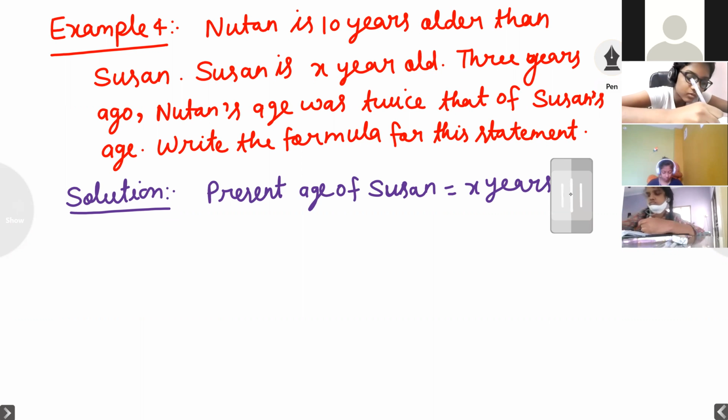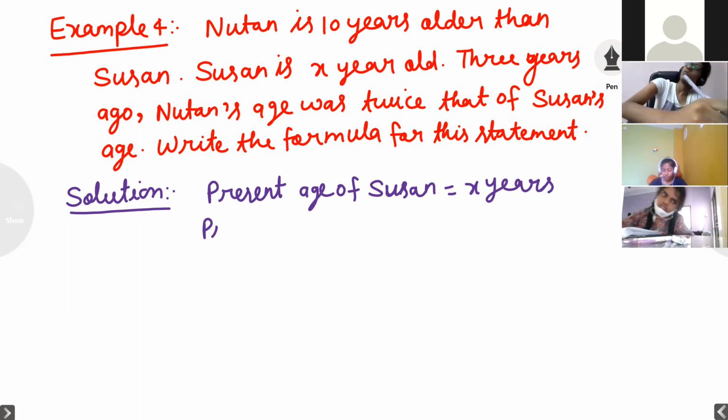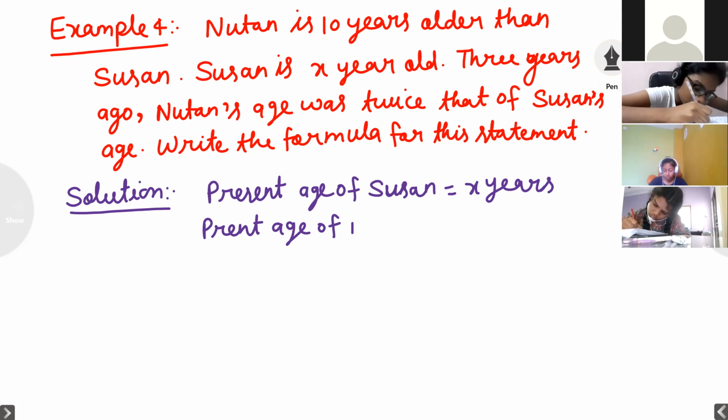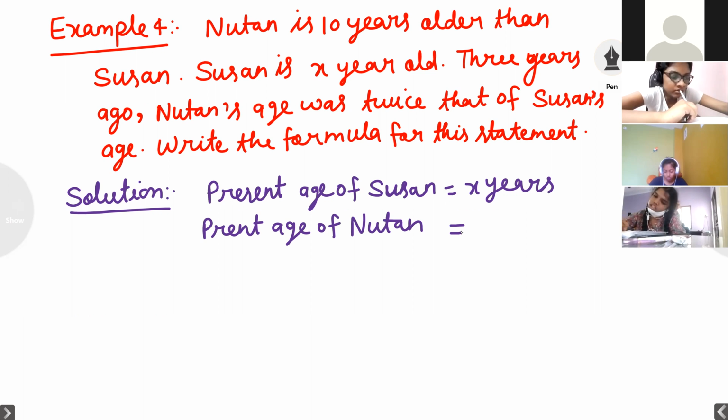Now the present age of Nutan: reading the first line carefully, Nutan is 10 years older than Susan, it means Nutan's age is more, x plus 10 years.